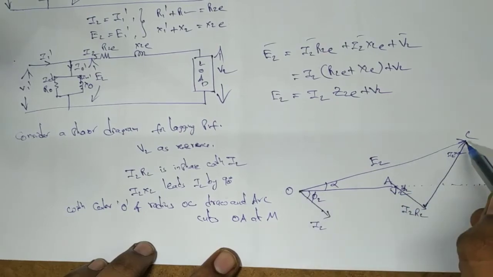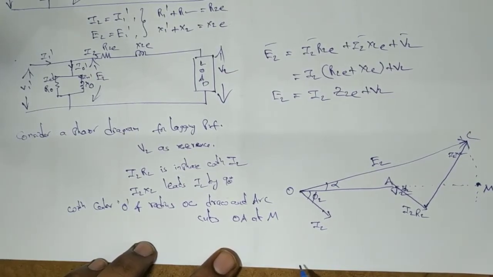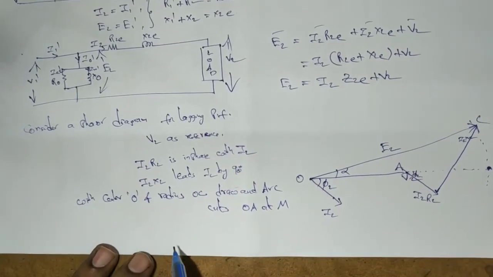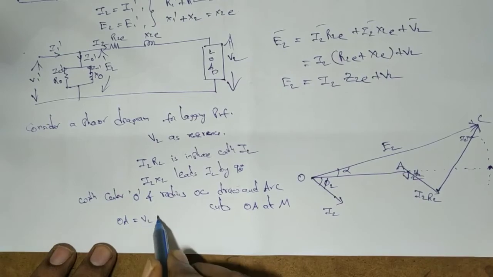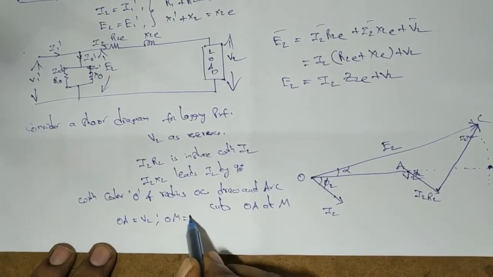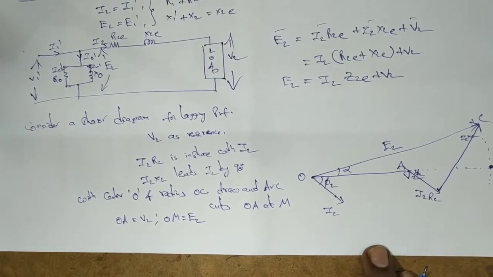So this is the origin and this is OC. We draw the arc with respect to OC using a compass, and that point will be M. Now OA is nothing but V2 and OM is nothing but E2, approximately.